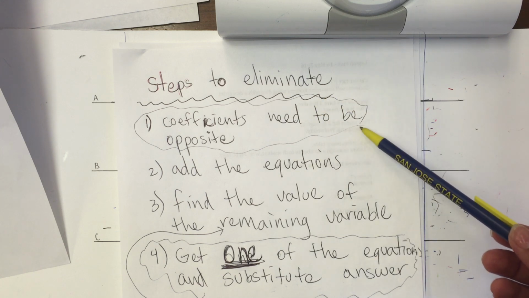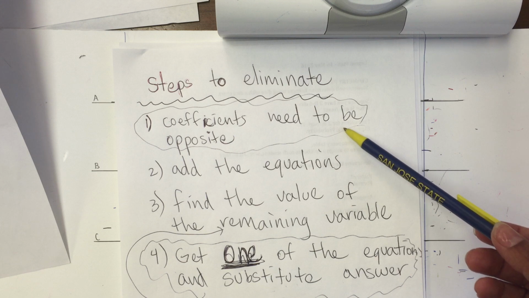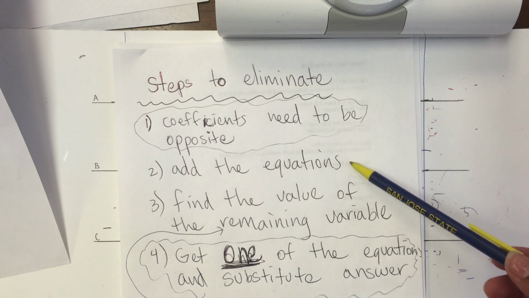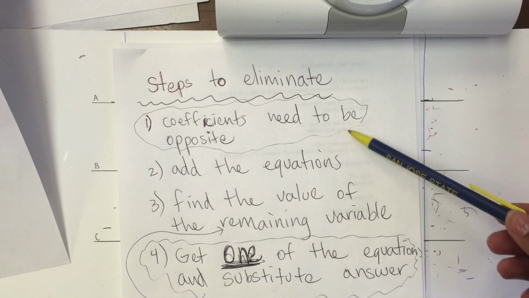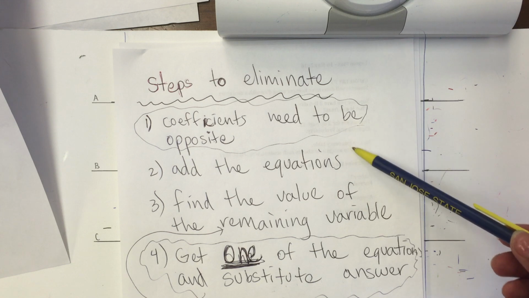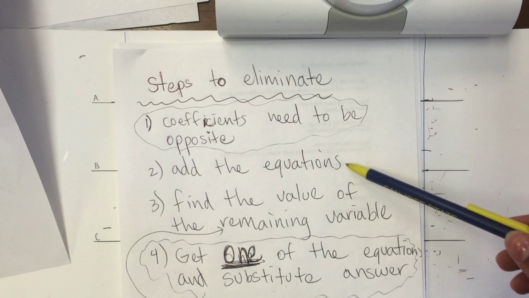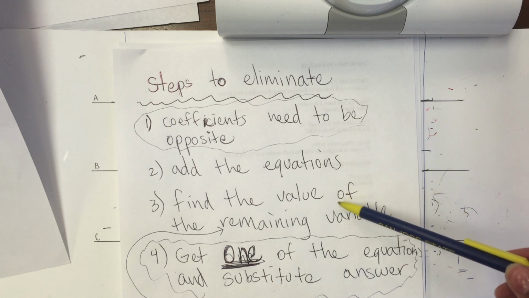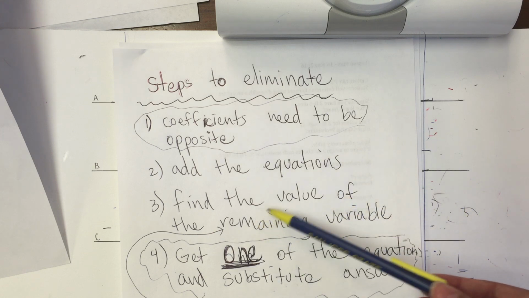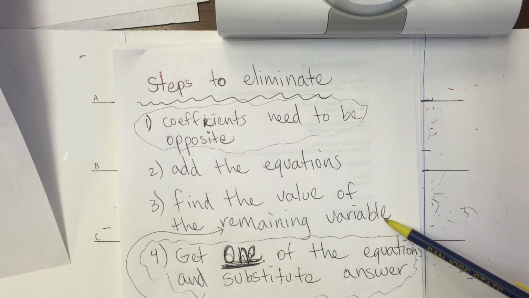Okay, same number but with the opposite sign. Then the second step is, once we have the opposite coefficients, we're able to add our equations so that we eliminate one of the variables, and then we can find the value of the remaining variable, meaning solving for the variable that is still there.